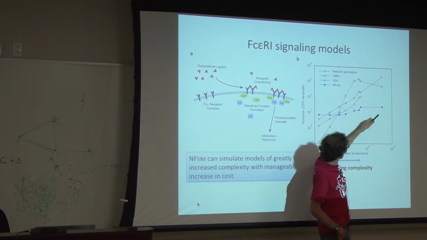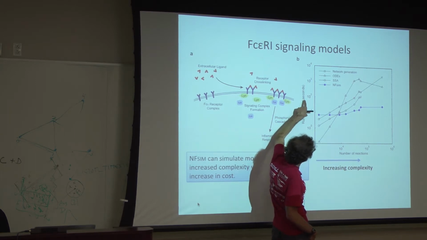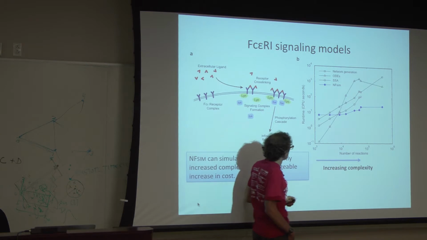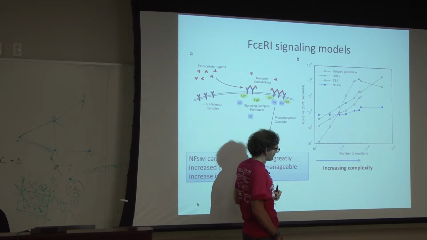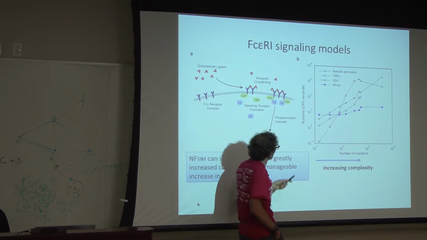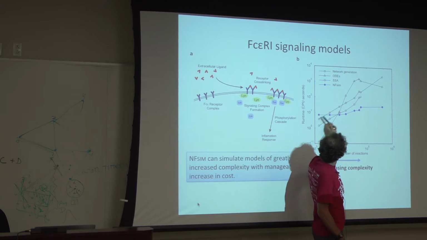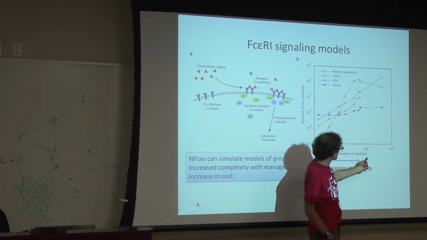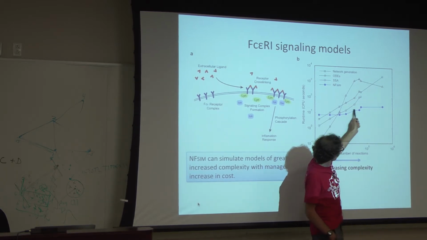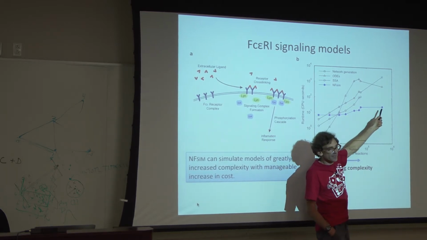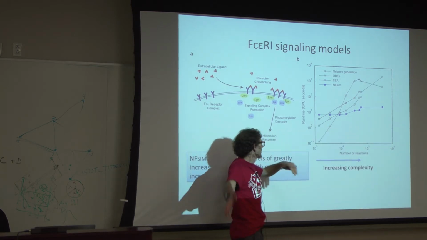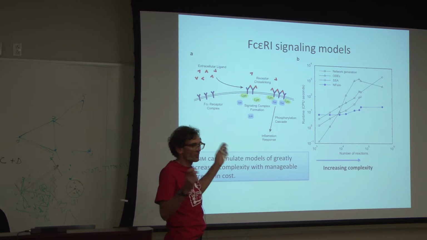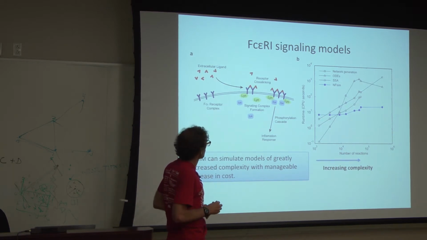This is really the runtime per reaction: how long does it take to compute a fixed number of reaction events? As we make this network larger and larger, on a log scale of the number of possible reactions, the network-free simulation method doesn't care how many different possible reactions there are in a system that has combinatorial complexity of whatever magnitude.